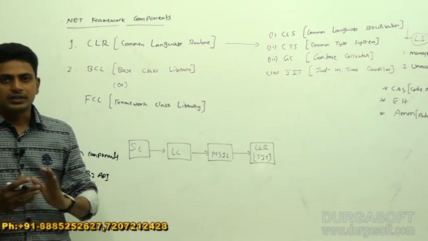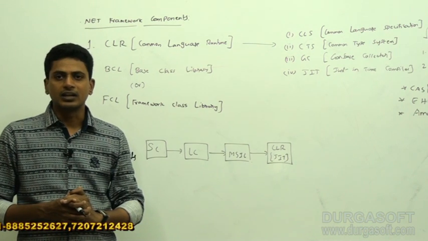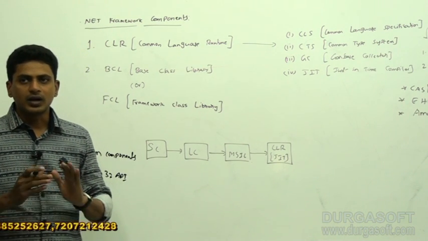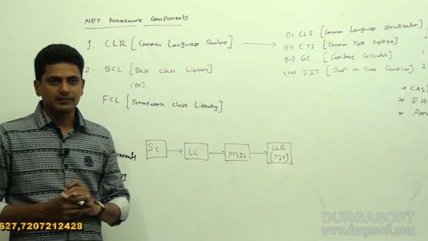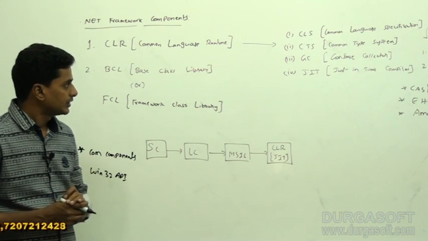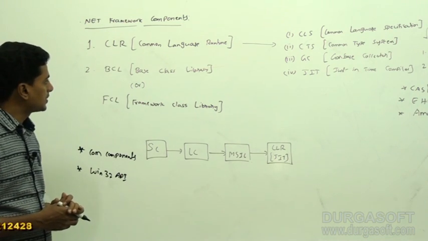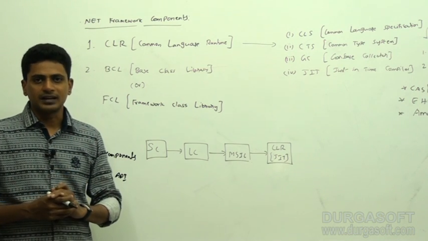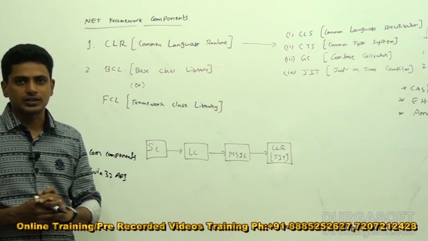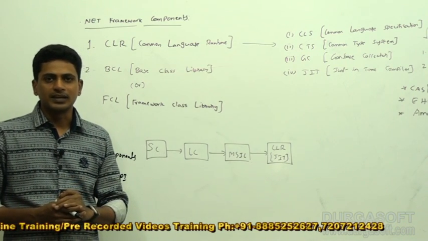See, we know that every programming language has its own syntactical rules and regulations, and one programming language cannot understand another programming language's syntactical rules and regulations. So here the .NET Common Language Runtime is responsible for understanding all other programming languages' syntactical rules, because .NET supports multiple programming languages.